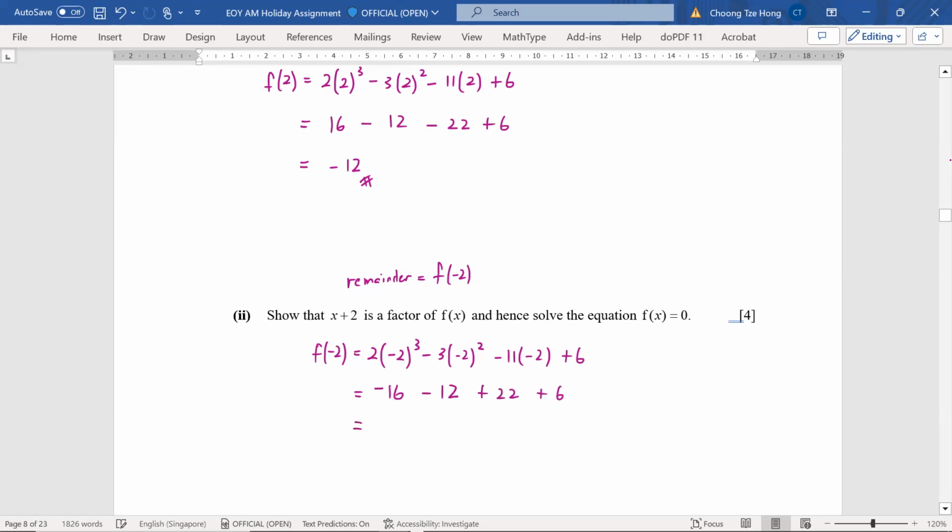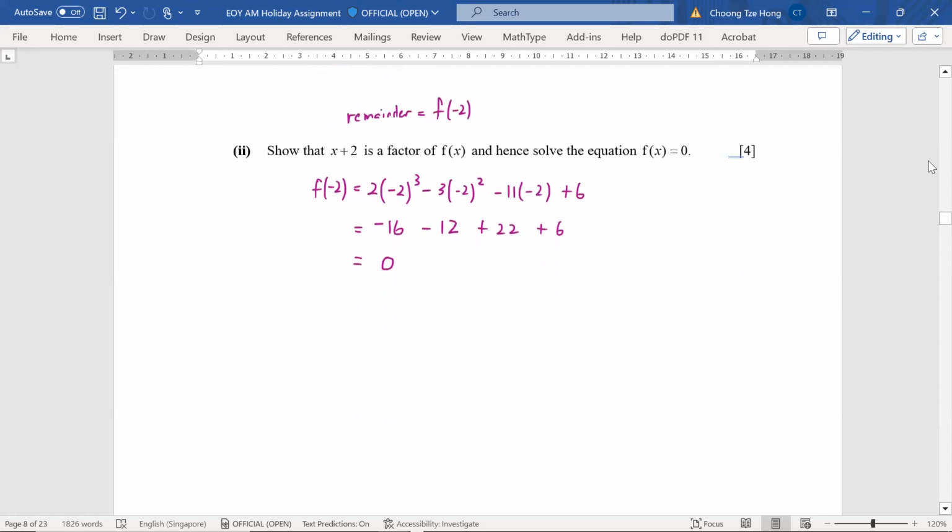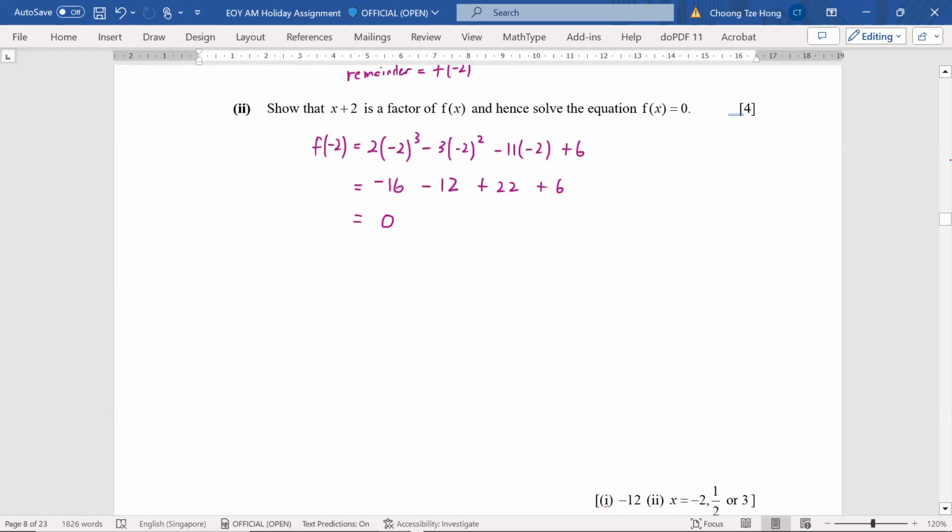Negative 16 minus 12 is negative 28. 22 plus 6 is also 28. So negative 28 plus 28 we get 0. Now we can write a statement. Since f(minus 2) equals 0, x plus 2 is a factor of f(x).